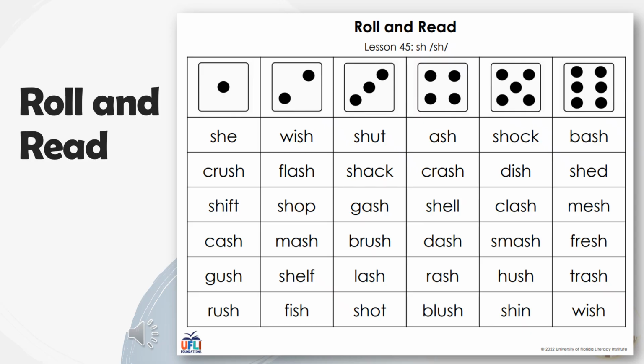So we're trying to get 4 across, or 4 straight down, so that someone can win the game. Really, it's all about that purposeful practice, though, getting the child to read as many words as possible. And when it's your turn and you're reading the words, you're still modeling that decoding for the child as well.